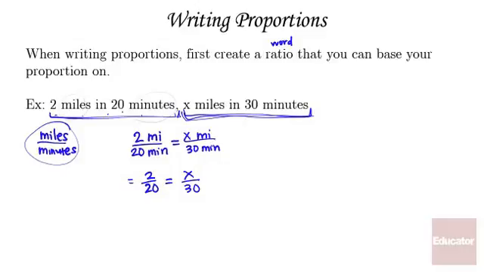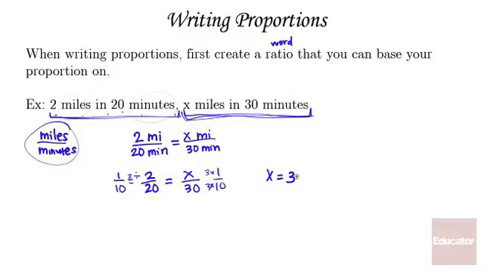Remember equivalent ratios from the previous lesson. 2 over 20 is the same thing as 1 over, because here I divided by 2. 2 divided by 2 is 1. 20 divided by 2 is 10. Then I can also do the same thing here. I want to make this ratio the same as 1 over 10. So I can multiply this by 3 to get 30. Then I have to multiply the top by 3 to get 3.